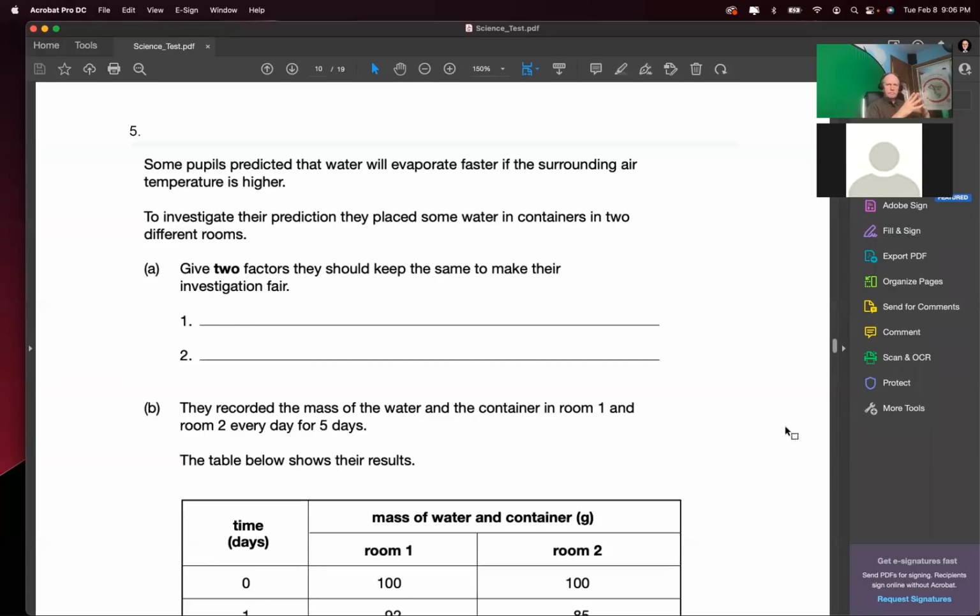I guess one you could say the temperature of the water. Just with the way that they worded it here, if you really care about specifically how the surrounding air affects things, you'd want to keep the temperature of the water the same the whole time.